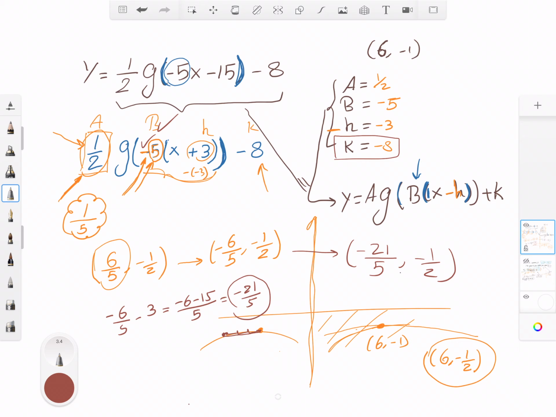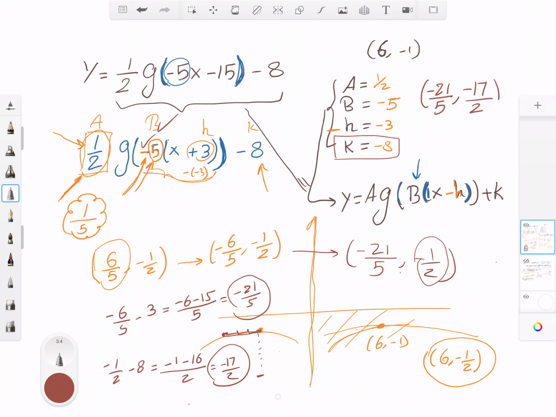Now we have to apply K, which is -8. That means we're going to shift it 8 units down on the y. Negative 1/2 minus 8 will be negative 1 minus 16 over 2, which is negative 17 over 2. So the final answer will be (-21/5, -17/2).